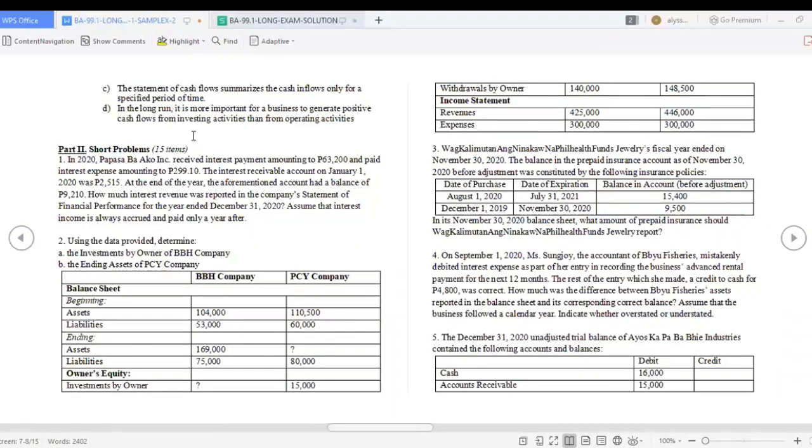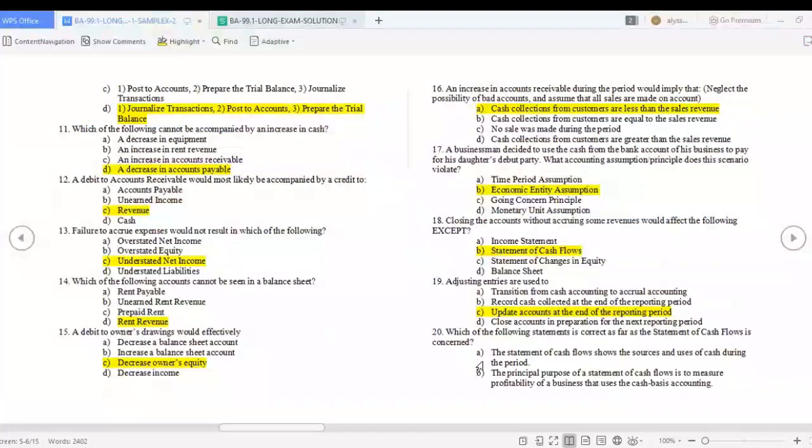So surely D is not the correct answer since this is not true. Definitely not true. Let's go to letter A. The statement of cash flow shows the sources and uses. So this is true.